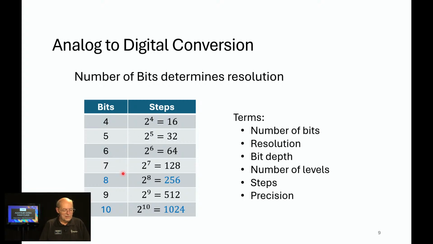And the number of bits being used is also called the resolution that's being applied to the waveform we're sampling. Also bit depth, same idea here, bits or bit depth. Also number of levels, okay? These are all just terms that kind of mean the same thing, steps and precision. So if you apply some of these words, with 10 bits of precision, we have a number that's equivalent to 2 to the 10th power, which works out to 1024.